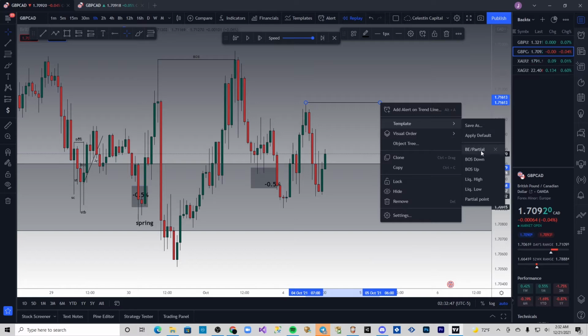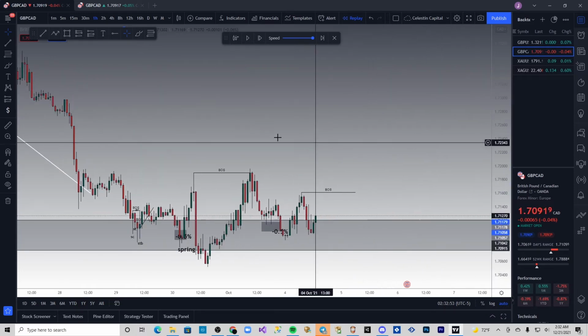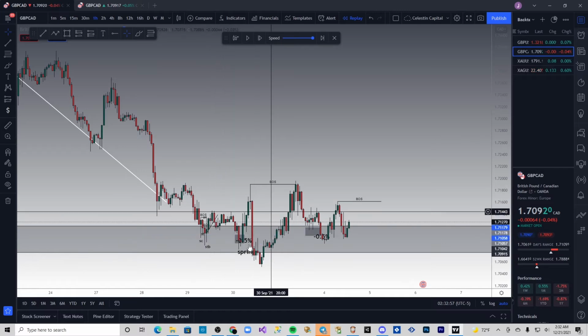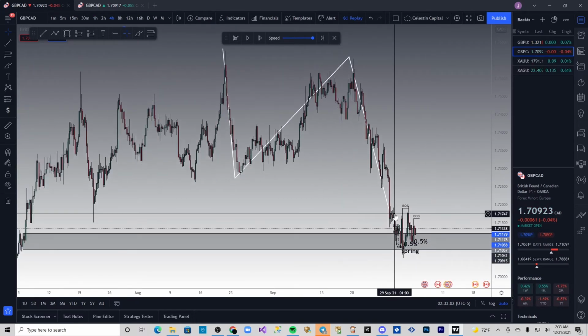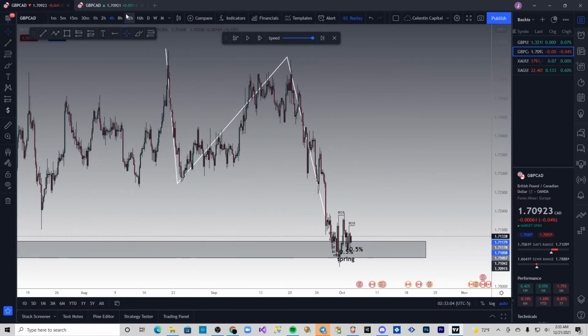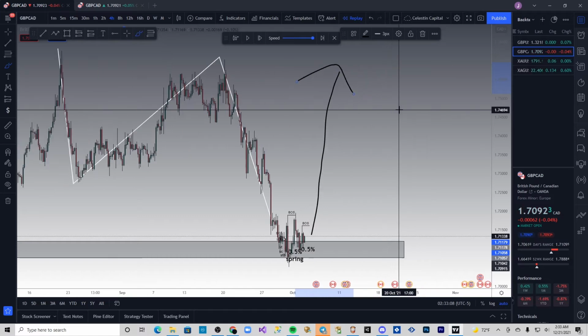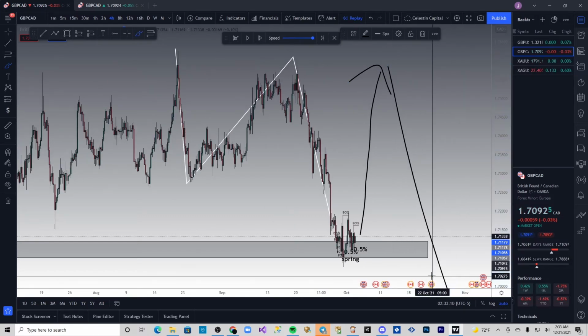If not, we're going to change our bias and look for sales. BOS up, because this is the demand zone that we expect price to reverse from. And as you can see, it's currently holding up. It's just manipulating a lot in this area. And again, as I said, if we can position ourselves correctly, we can take advantage of the big moves, aka the mitigation of this supply zone up here to continue to the downside.